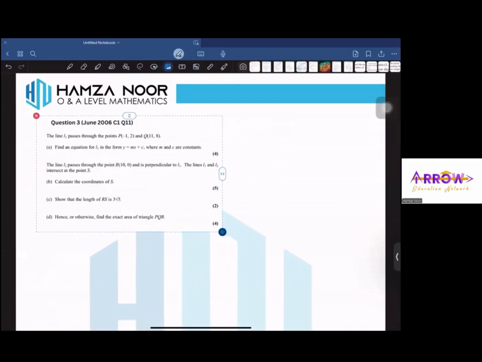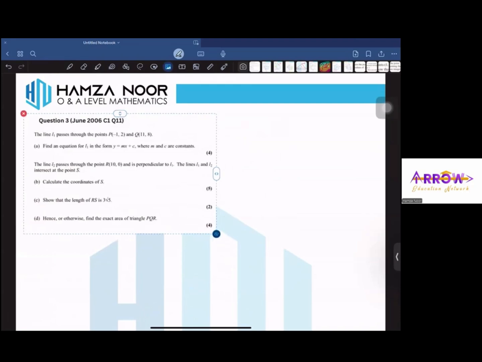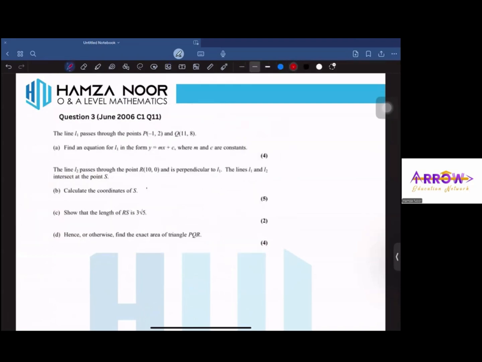As we know, the coordinates of S are found in part B, which is x coordinate 7 and y coordinate 6. And the coordinates of R are given to you in the question. So we are going to find the distance between R and S, and for that purpose we have this formula: the square root of x2 minus x1 whole squared plus y2 minus y1 whole squared.